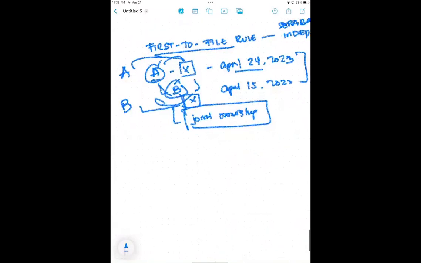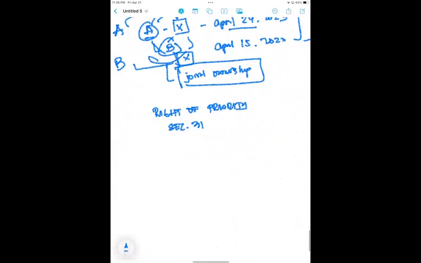there is also this right of priority under Section 31. What is this right of priority? This is when a patent application was filed in a foreign country, and this foreign country grants the same privilege to Filipinos.